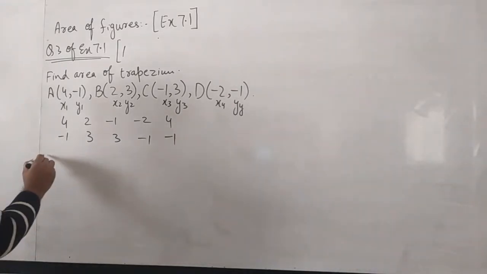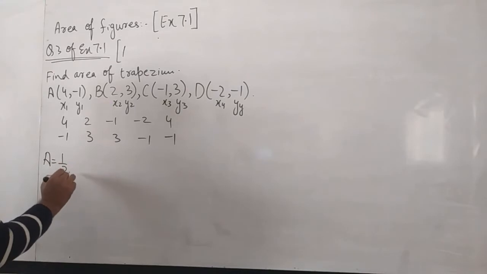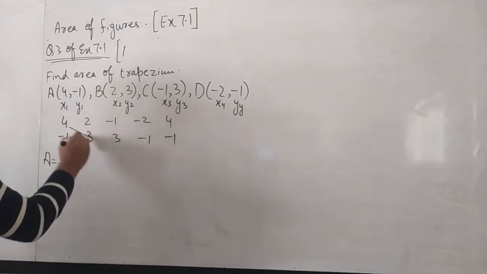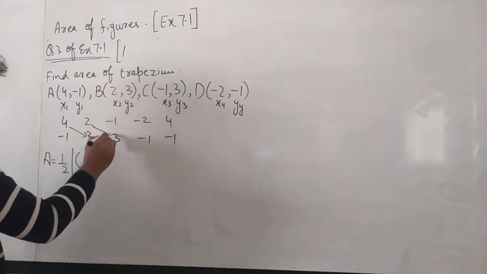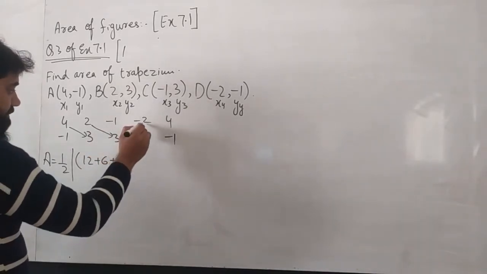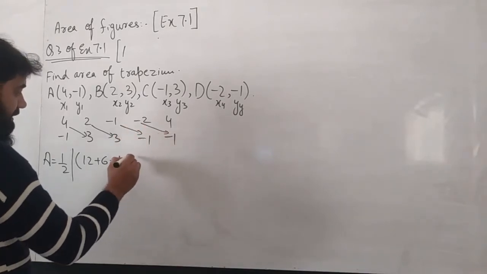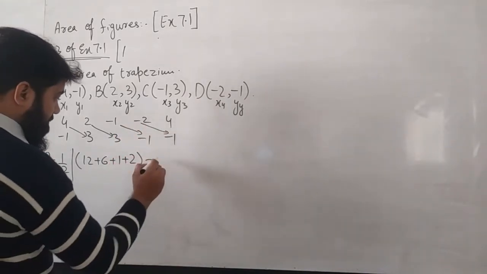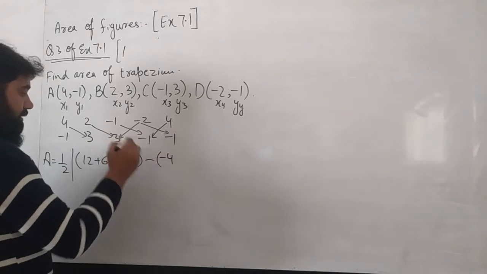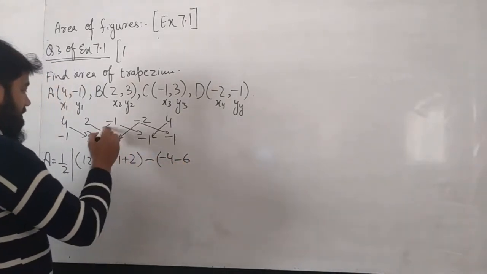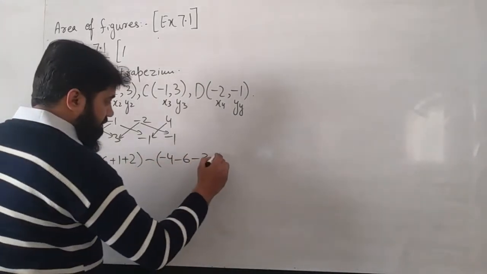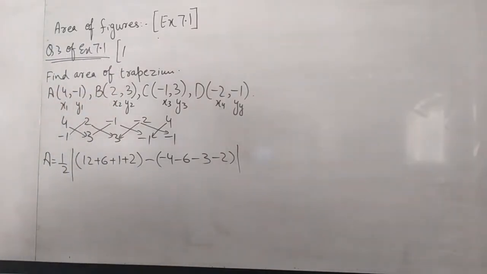Okay, I have to find the area, half, then modulus, bracket, 4 3s are 12 plus 2 3s are 6 plus minus 1 into minus 1 will be plus 1, and minus 2 minus 1 will be 2, minus 4 into minus 1 will be minus 4, minus 2 into 3 will be minus 6, minus 1 into minus 3 will be minus 3, and 2 into minus 1 will be minus 2, modulus.